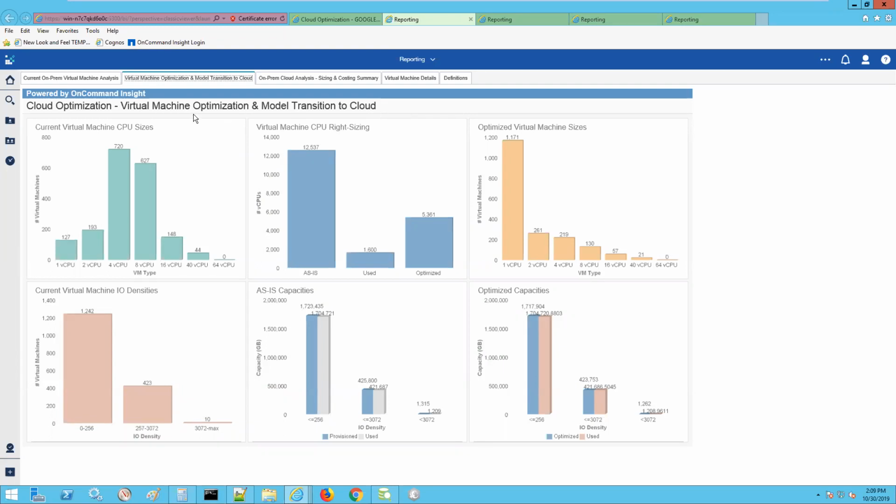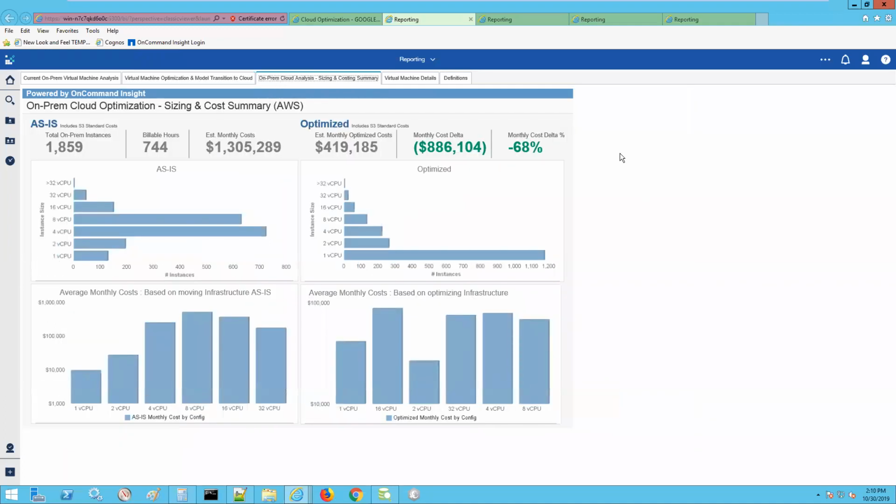Once we have an idea of where we stand versus our as-is or current environment, and compare that to our optimized environment, we can look at the cost savings if we indeed intend to lift and shift. What is it going to cost me? This is for AWS, and I'll show you the other hyperscalers as well.